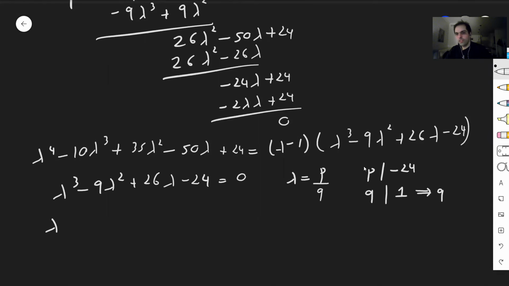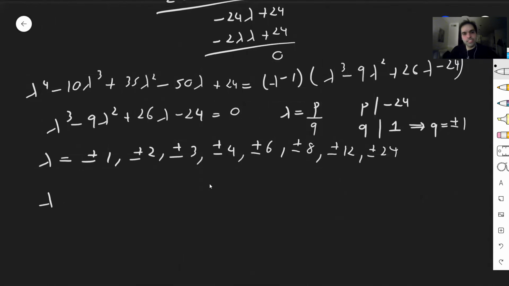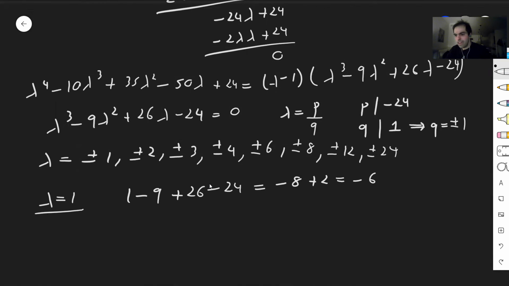Again, that gives you Q is plus minus 1, and you get another package of roots: plus minus 1, plus minus 2, plus minus 3, plus minus 4, plus minus 6, plus minus 8, plus minus 12, plus minus 24. So now let's try out lambda equals 1. 1 minus 9 plus 26 minus 24, that is minus 8 plus 2, that's minus 6.